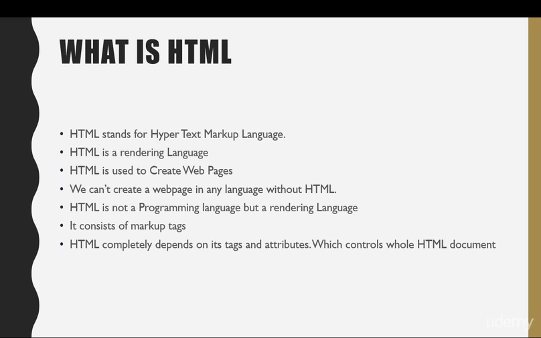HTML completely depends on its tags and attributes, which control the whole HTML document. Yes, as I said, we need to apply the tags. So, for making the tags more interesting, we use the attributes. Basically, the complete HTML depends on these both things: its tags and its attributes.